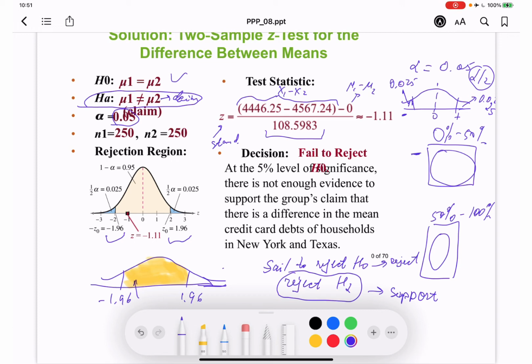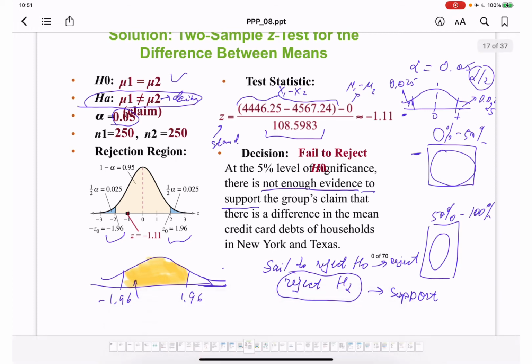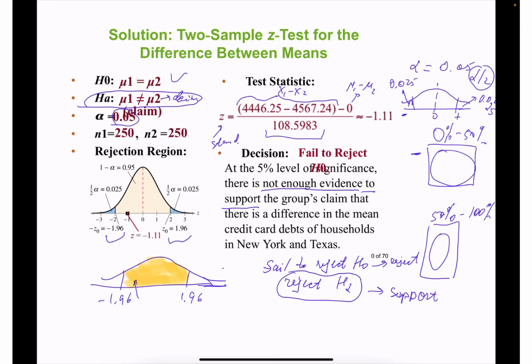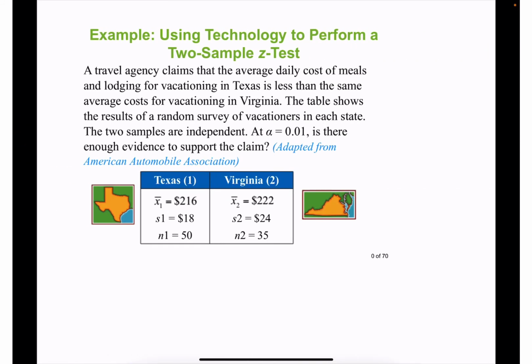It clearly says that at the 5% significance level, there is not enough evidence to support, which means indirectly we are implying that we reject the alternative hypothesis. All right? Okay. It's very similar to the one sample hypothesis test.